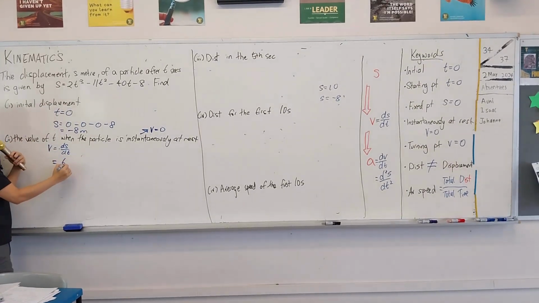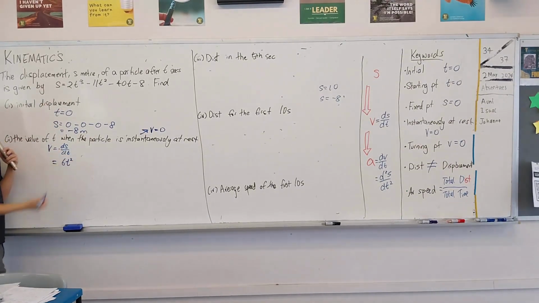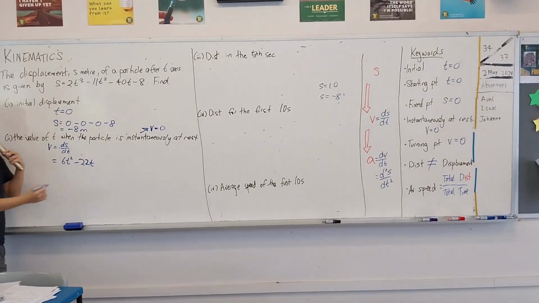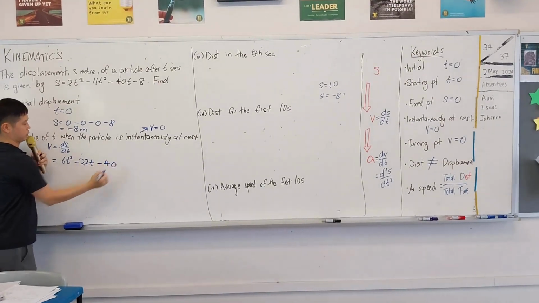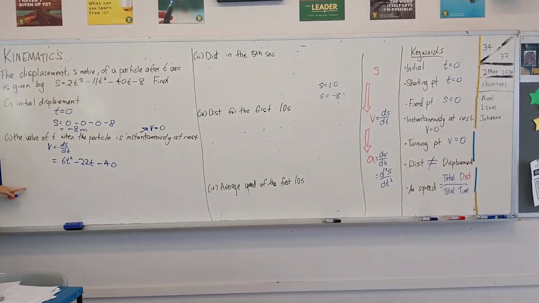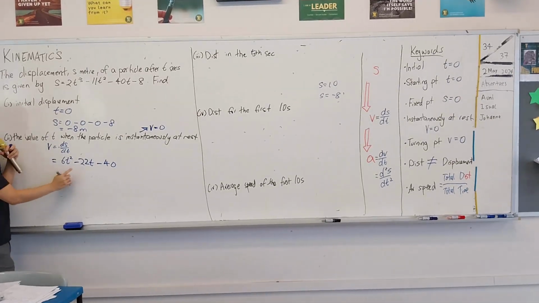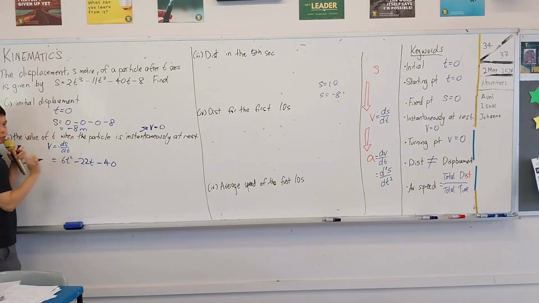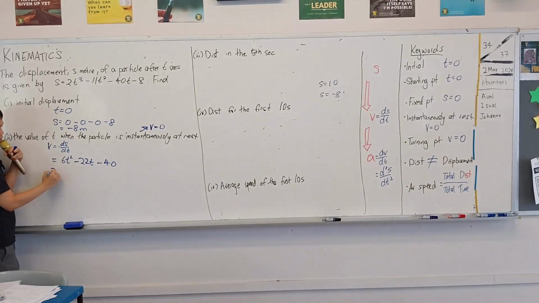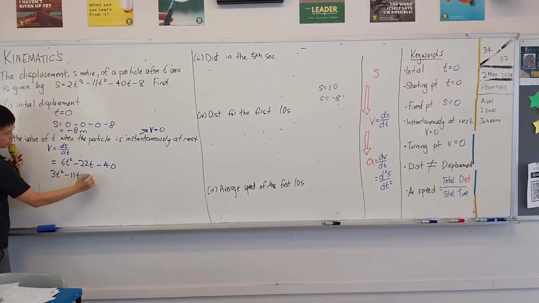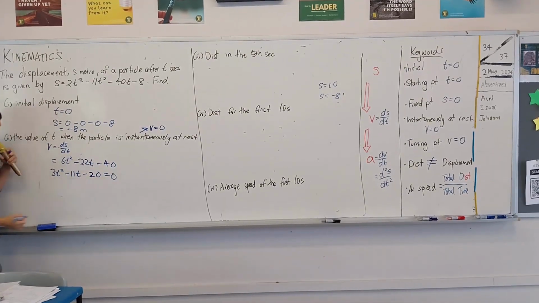I will have 6t squared minus 22t minus 4t. How do we find t now? We will let this be 0. So I divide by 2, I divide by 2, I divide by 2. I let it be 0. I'll have 3t squared minus 11t minus 20 equals 0.